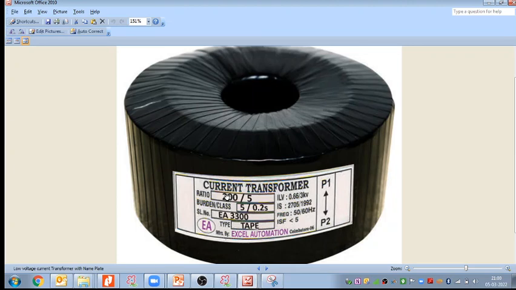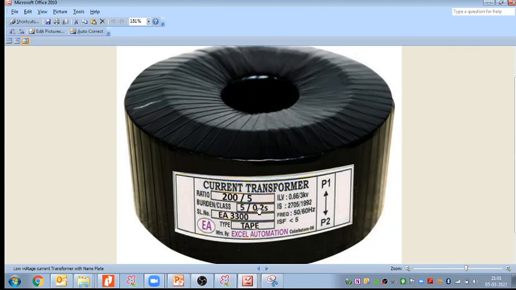It means when my accuracy class is 0.1 or 0.2, it means 0.2 percentage error. If I mention here 1, it means 1 percentage of the error. So 0.2 is less compared to 1. It means 0.2 class CT is more accurate compared to class 1 CT.